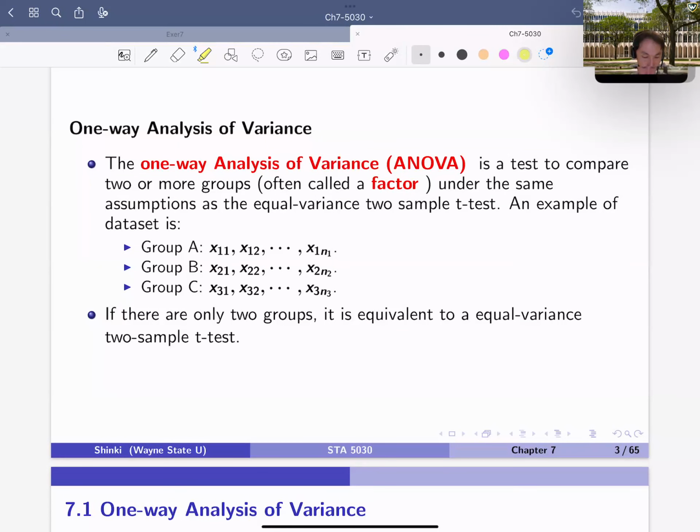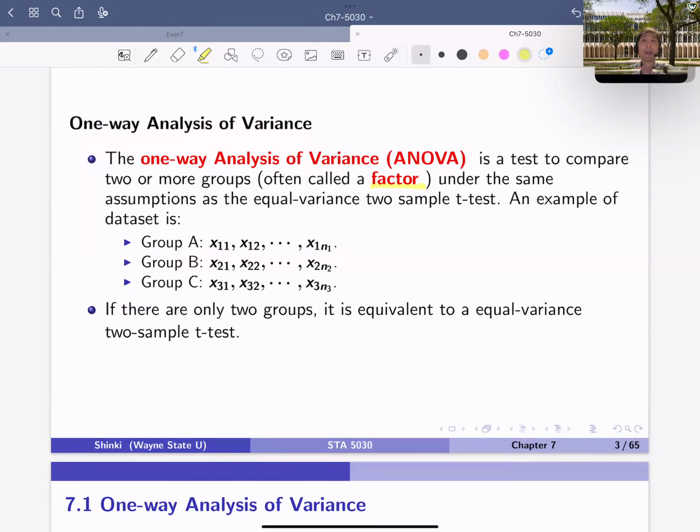And at first, we have the one-way analysis of variance. One way means that we have one factor. For example, if we have 100 observations of people, then they have multiple factors such as gender or race or blood type and so on.